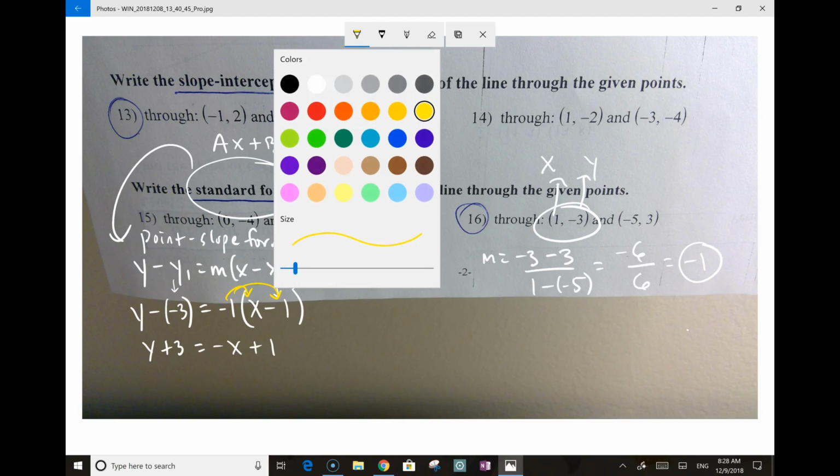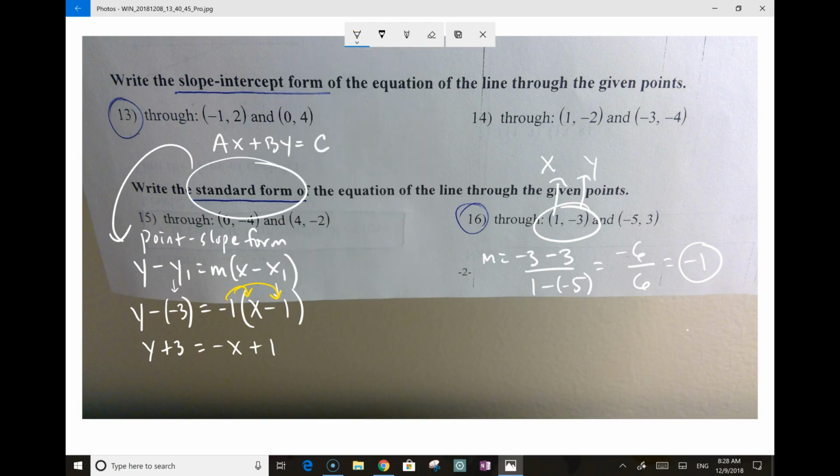Now, to make this into standard form, one thing you should note is that standard form involves the x and y's being together on the same side. Also, your leading coefficient, which is your a, cannot be a negative value, nor can it be a fraction. So I have to be careful to ensure that what I end up with meets those criteria.